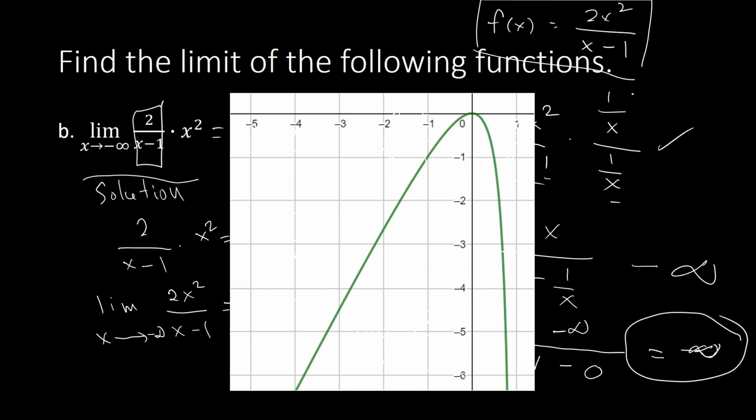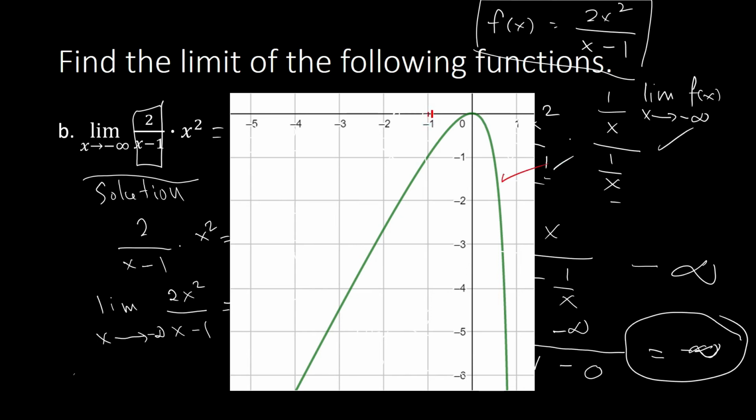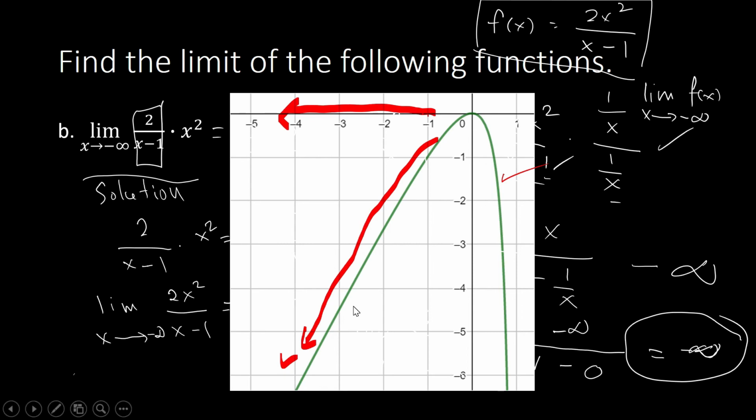So what is the limit of our f of x as x approaches negative infinity? This is the graph, so let us investigate. This is the horizontal axis, and as x approaches negative infinity, our function approaches negative infinity. So we got it correct. It's negative infinity.